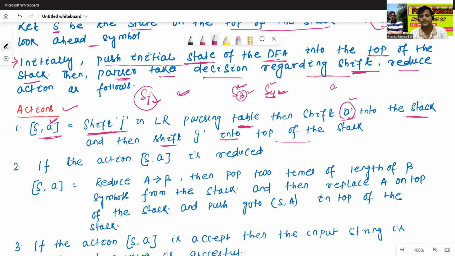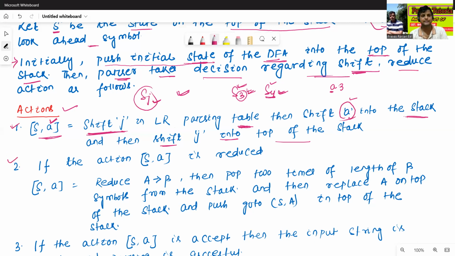If it is S3, then we'll push 3 onto the top of the stack. First we shift the terminal, then we shift its number. This is called the shift action.